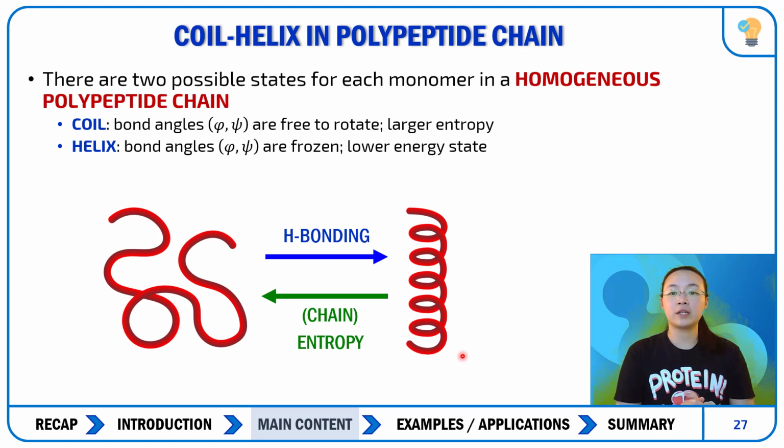This is going to force it into a lower energy state. So when a monomer changes from a coil to helix or helix to coil state, we call this a coil-helix transition. And of course, this then means that it's a two-state model of an alpha helix. And this is going to allow us to make various predictions about which conformations are possible or not.